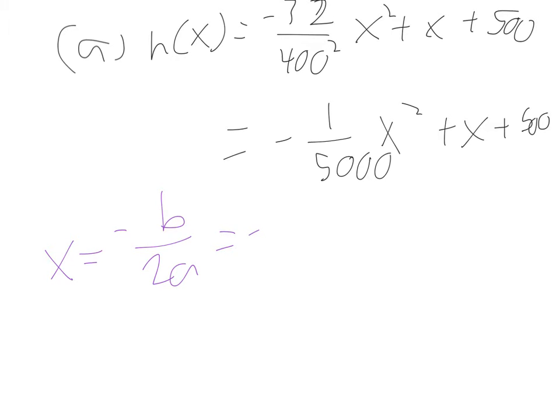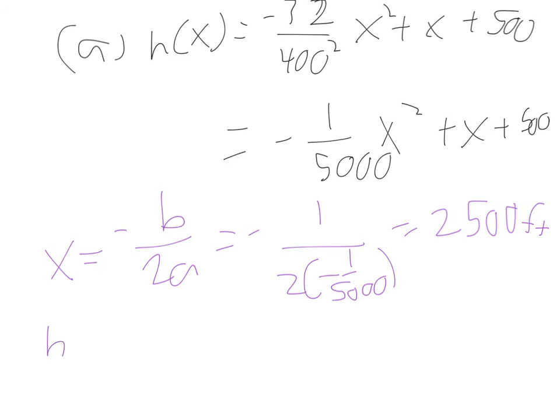So it'd be negative, and then the number in front of x is just 1, over 2 times the number in front of the x squared, which is negative 1 over 5,000. So if you want to simplify that, the horizontal distance it will travel when it reaches its maximum height would be 2,500 feet.